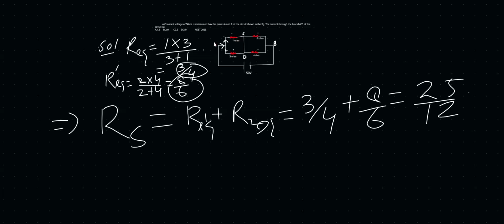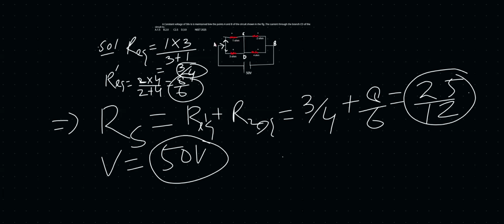Now the total voltage is 50 volt, a constant voltage, and the total resistance we are getting is 25 by 12. Now we'll calculate the total current, which is total voltage divided by total resistance: 50 divided by 25 by 12.